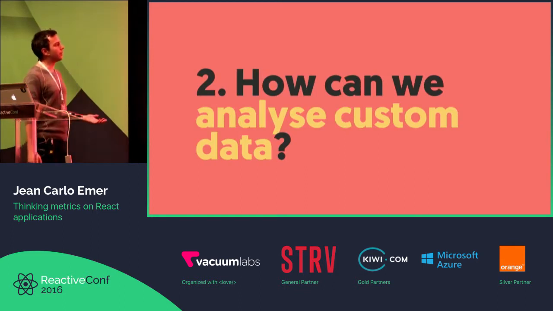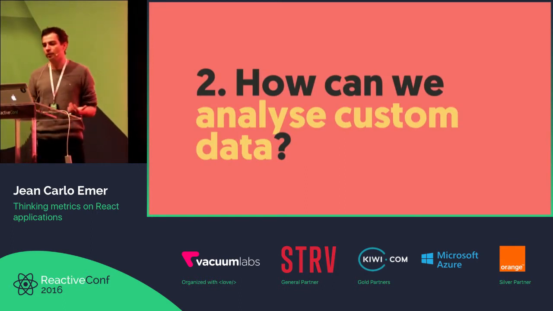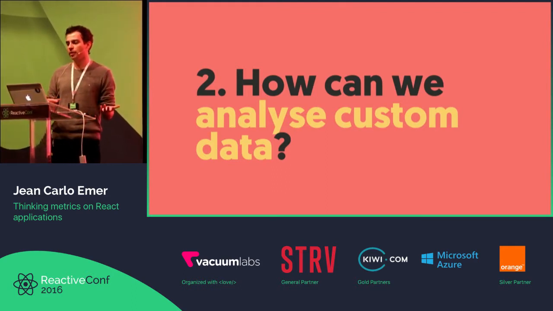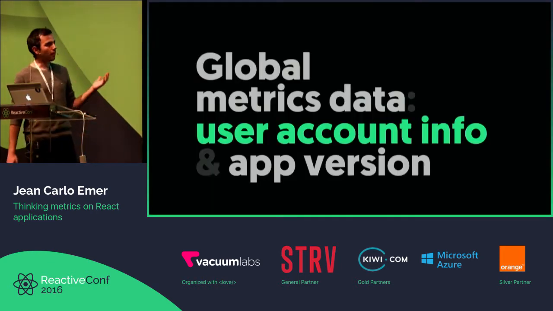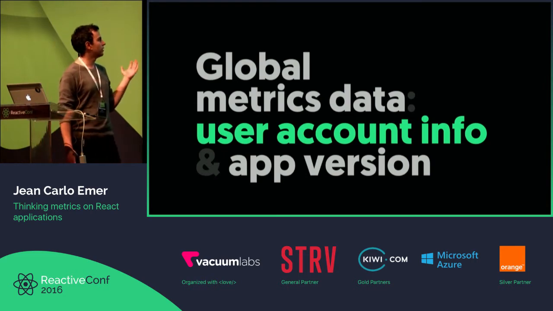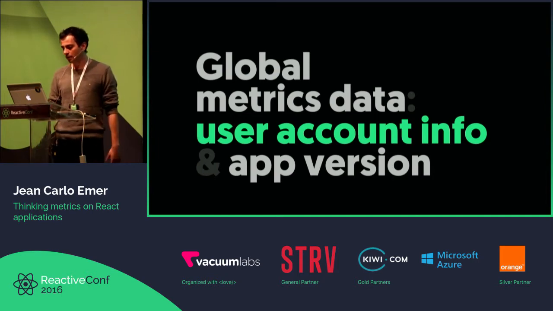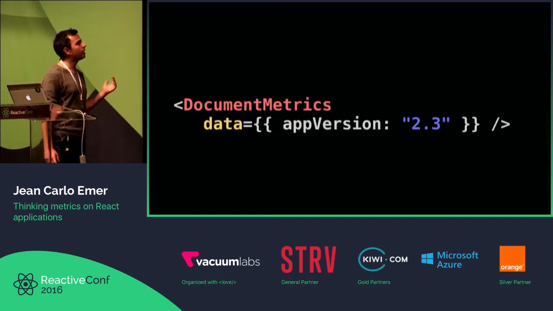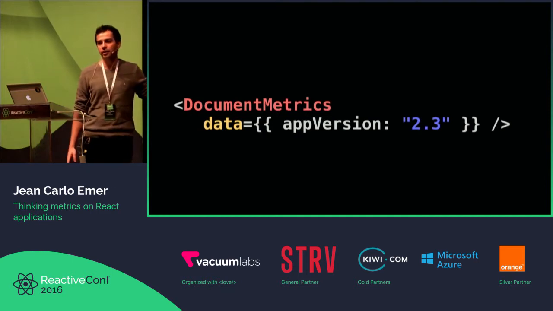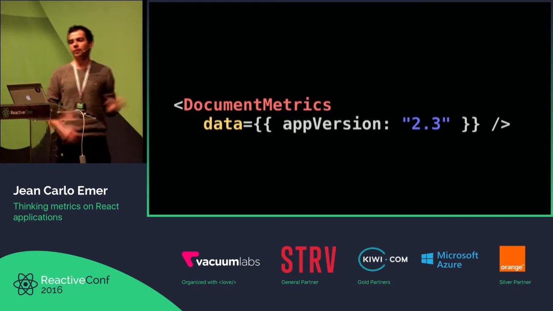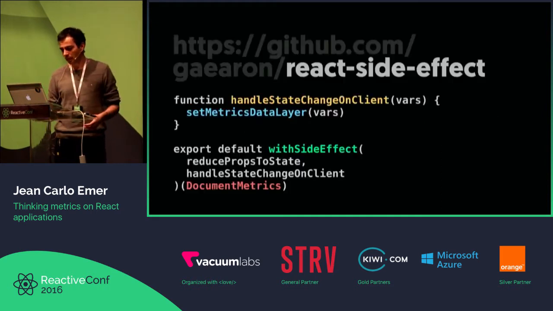After that, we realized we had some additional information that we wanted to track. We have custom data on the client side that we want to put in Google Analytics. The global metrics data was user account info, app versions, and things like that. For that, we created another component that we call document metrics, and we can provide some information that will remain while the component is on the DOM.